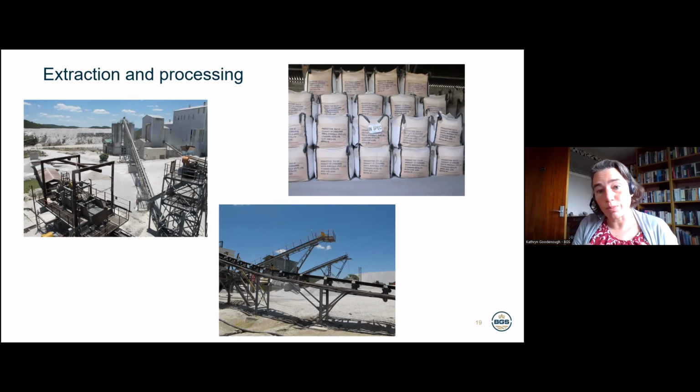Then you've got the mineral concentrate. That picture at the top right there is a lithium mineral concentrate, all bagged up and ready to be sent off for further processing actually in China. So there's huge amounts of steps to do before you have a raw material that you can ever sell to a manufacturer so that they can go away and start thinking about making, for example, battery cathodes.